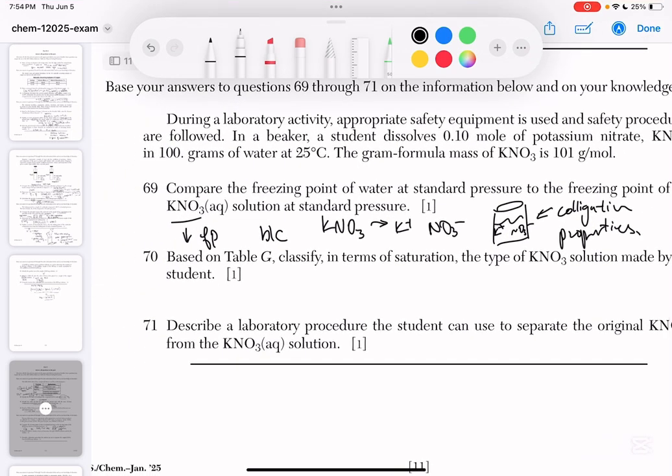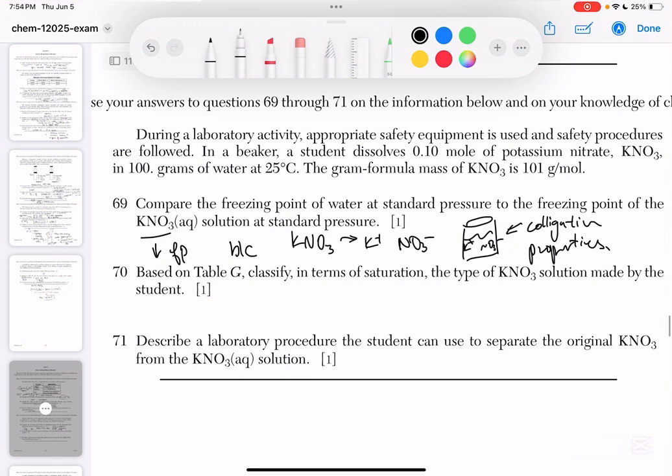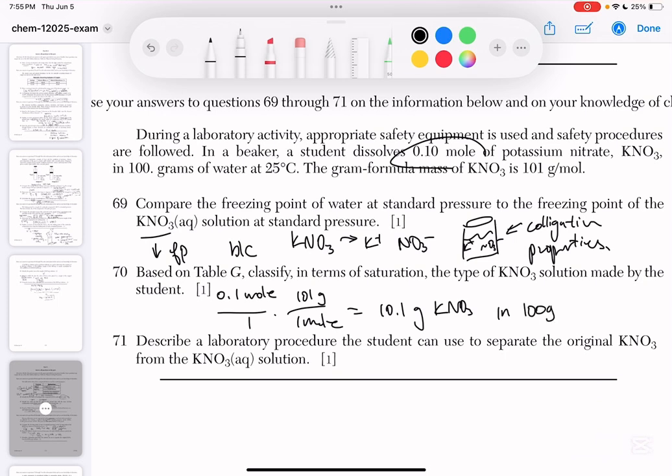Then classify saturation. Okay, so 0.1 moles. 1 mole is 101, so it's 10.1 grams in 100 grams H2O at 25 degrees Celsius.